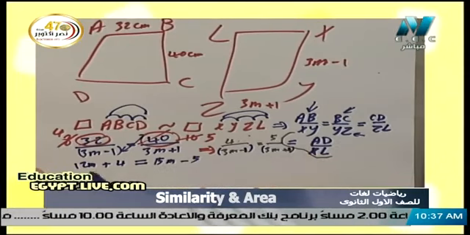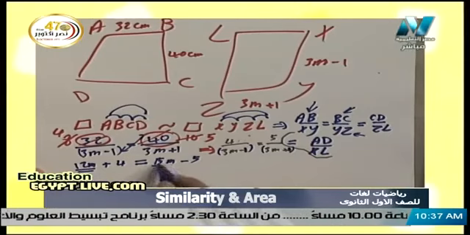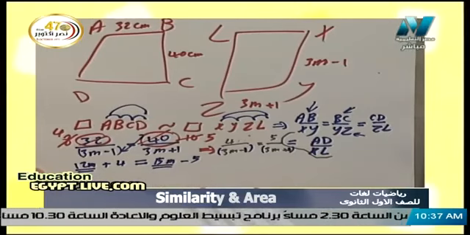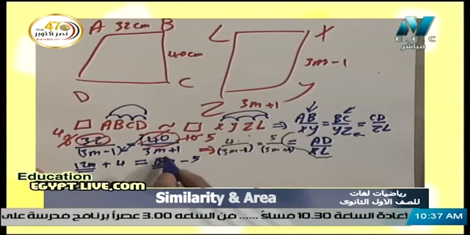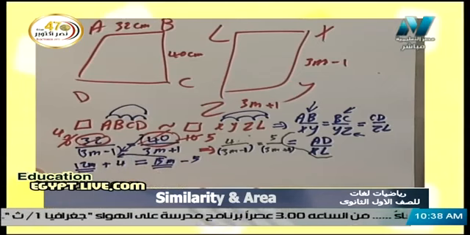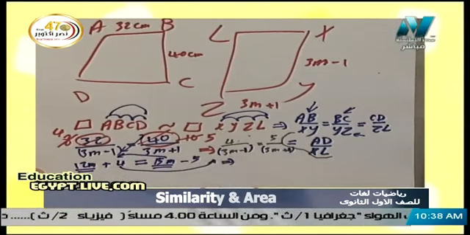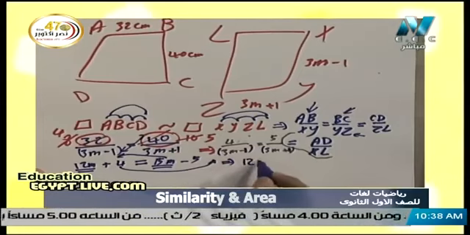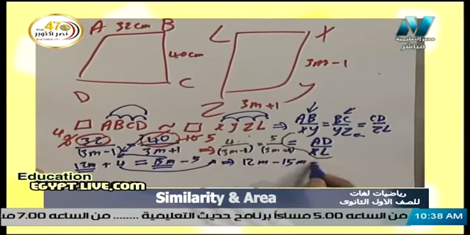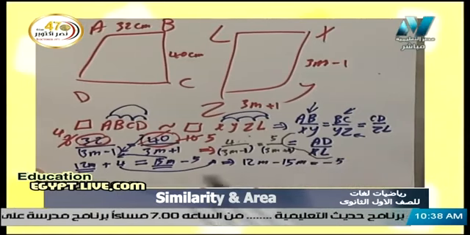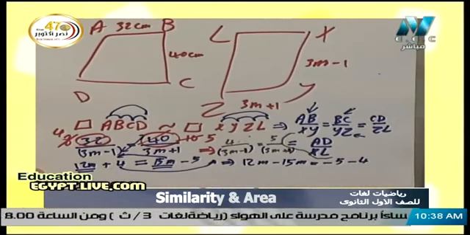Okay, we have here 12m on the left side and 15m on the right side, and we must transfer 15m here and 4 to be here to complete the equation. So 12m minus 15m equals negative 5, and we transfer 4 here to be negative 4.